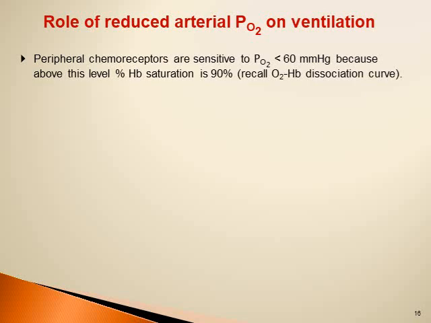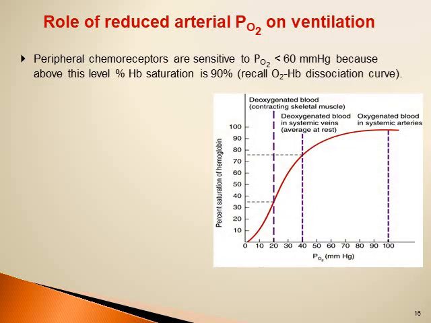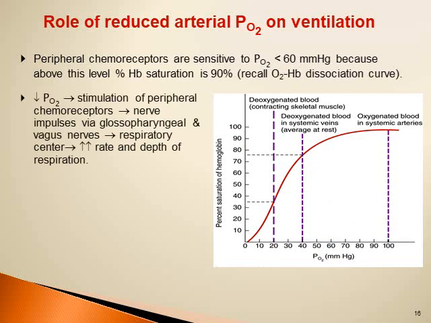So if the saturation drops below 90, then the peripheral chemoreceptors become activated. As you can see here, if we draw a vertical line, we can see that the saturation of hemoglobin with oxygen is 90 at partial pressure of 60 millimeter mercury.